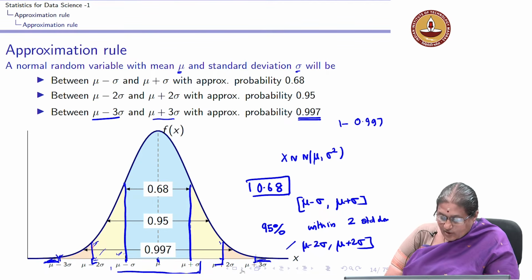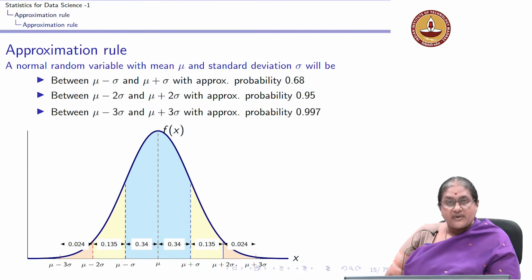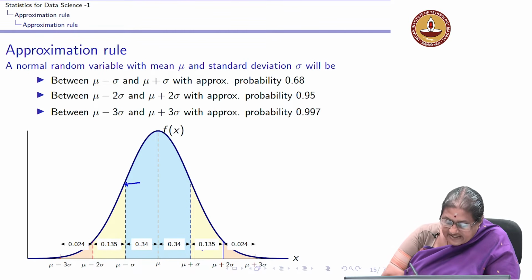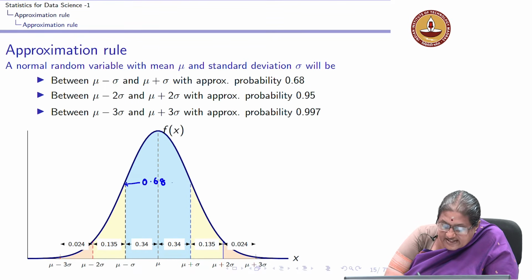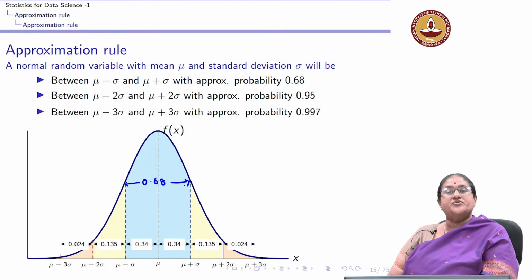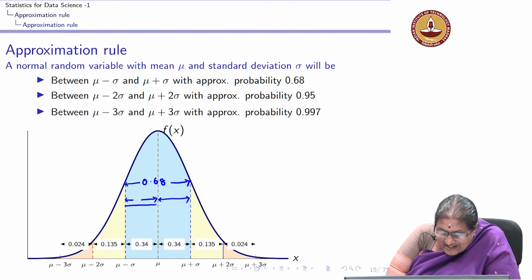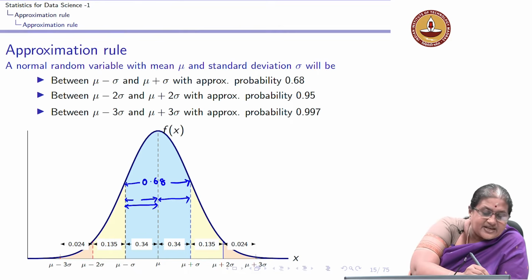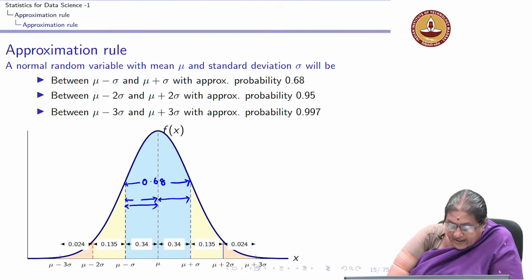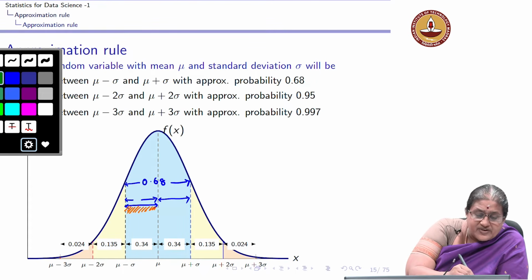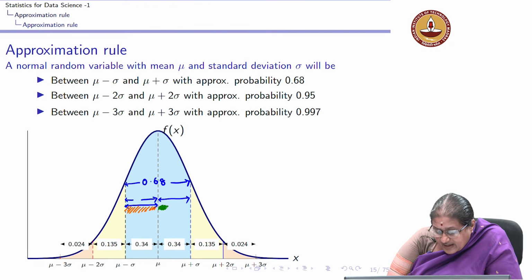In other words, I can also specify, based on the symmetry, that between mu minus sigma to mu plus sigma, I have 0.68 or 68% of my observations. So, the proportion of observations which lie in this band, the one I am going to mark in orange, is going to be the same as the proportion I am going to have in this green region.